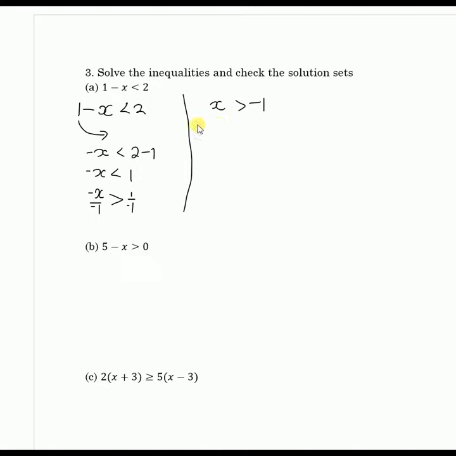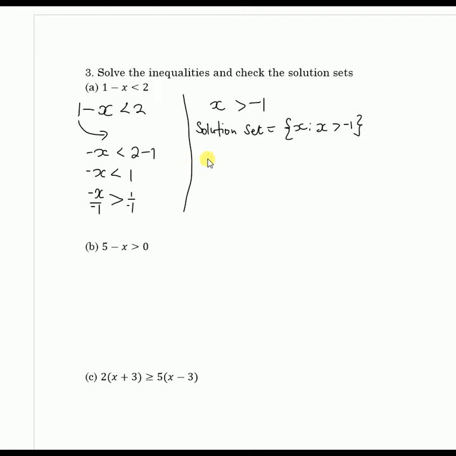So the solution set is the set of x such that x is greater than negative 1. That is the solution set.